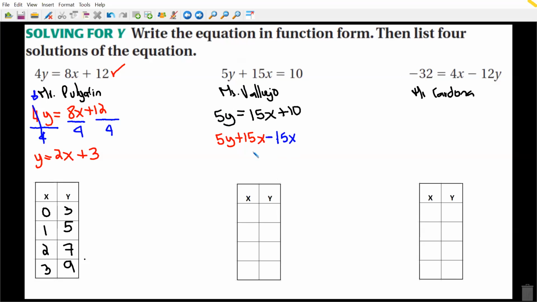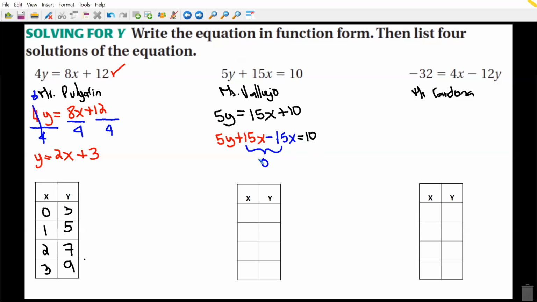That way you will get a 0. And then it's going to be plus 10, right? Because that's a 10. Whoa, what happened over here? No, it equals 10.